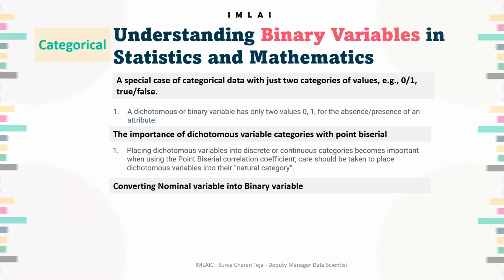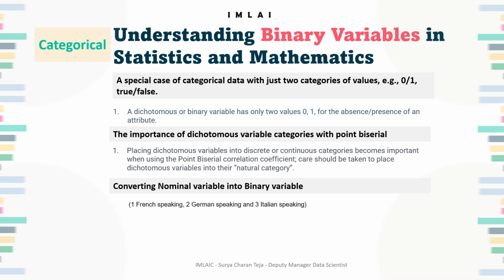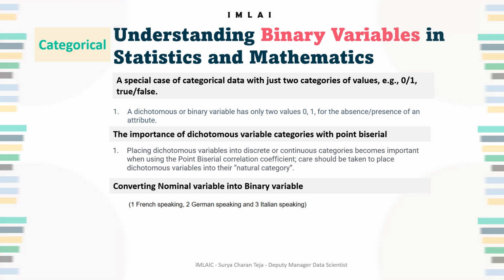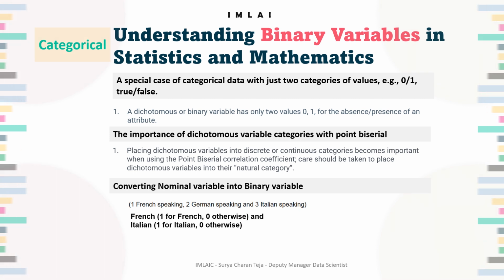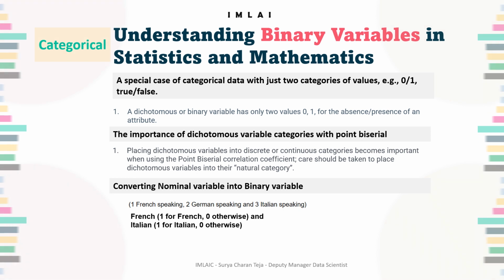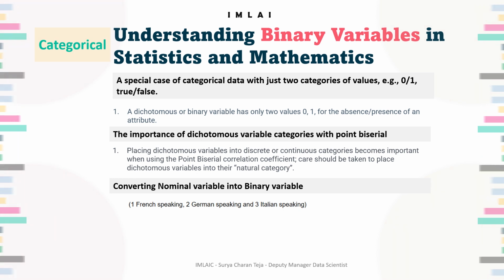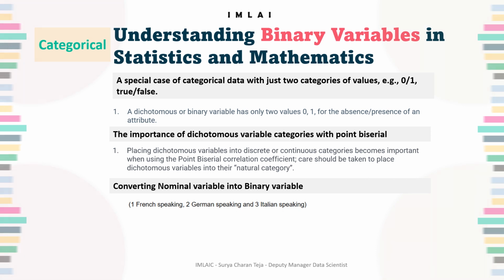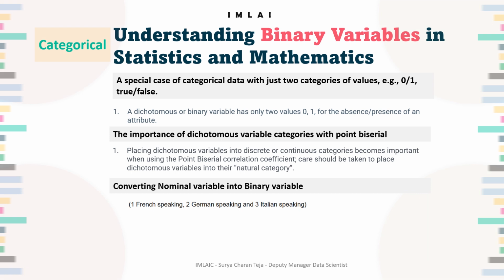A linguistic region, such as 1 French speaking, 2 German speaking, and 3 Italian speaking, can be converted without any loss of information into two binary variables using dummy variables. So in total we have three categories, three labels: one is French speaking, two German speaking, and three Italian speaking.